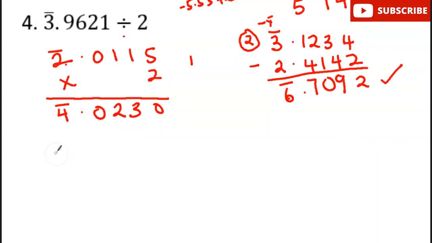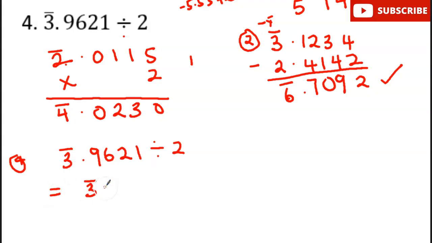So let's look at the division. 3 bar point 9621 divided by 2. Now to divide this, once again, if you use the calculator, you get a different answer. So let's rewrite this as 3 bar point 9621 over 2.